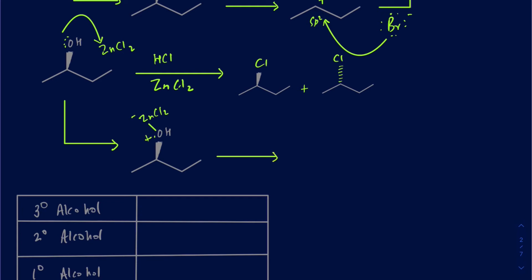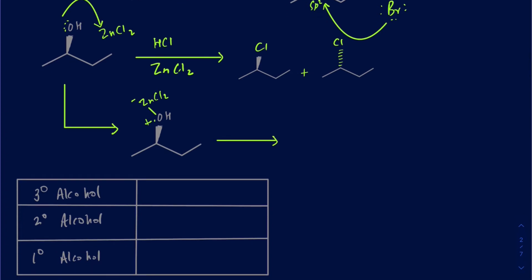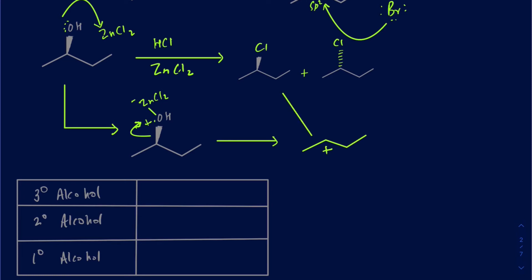Now after that, you can have the loss of leaving group there, so this kind of goes away, so you lose that particular guy there, and then you end up making this carbocation, and then you will have both the top attack and the bottom attack.